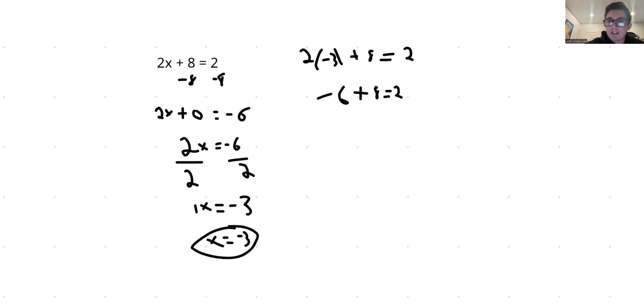We didn't do anything to the right side. So we have 2 equals 2, which is correct. So put a check mark, and we know our answer is correct. So there you go. That is two-step equations: ACE, assess, collect, eliminate.